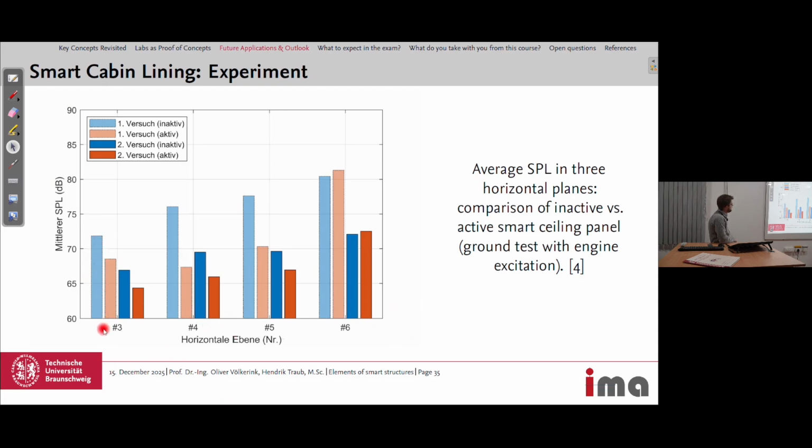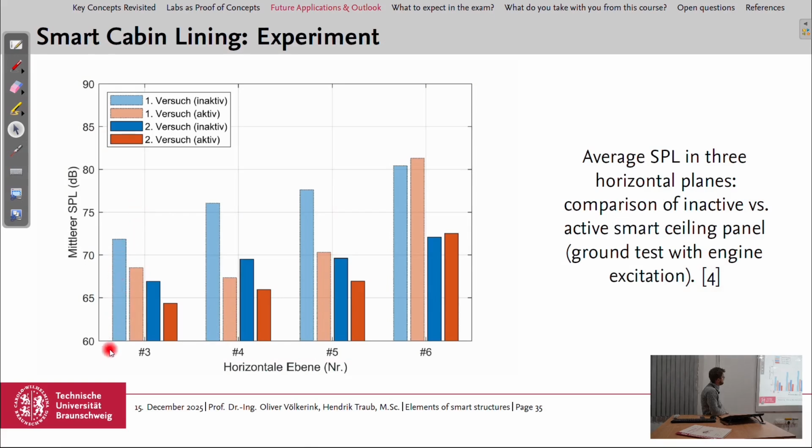And this bar is the first experiment with the inactive system. Then they activated the system, so the sound pressure level goes down for all the horizontal planes except for the last one.